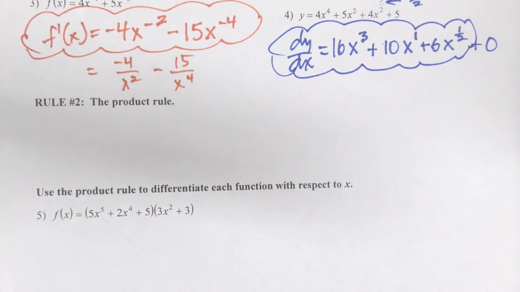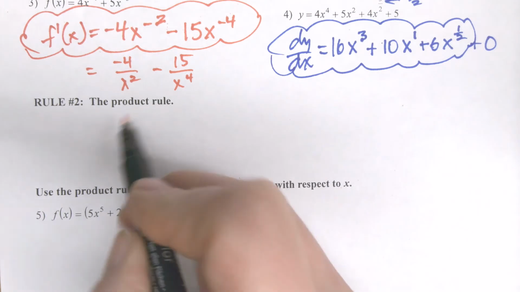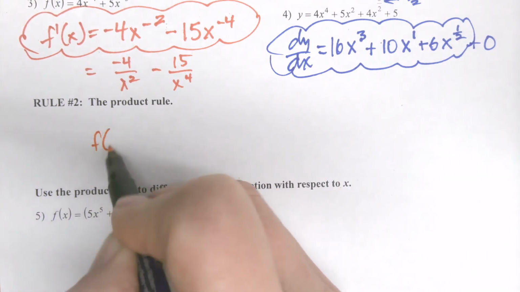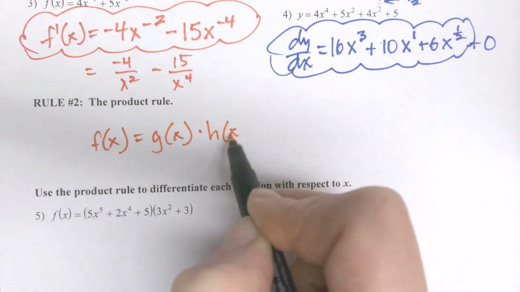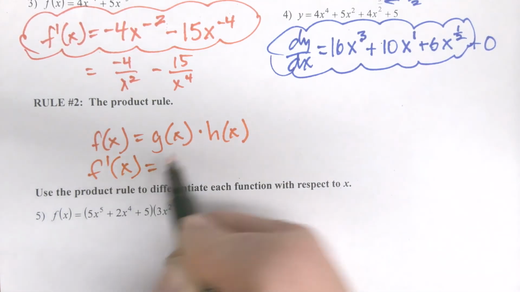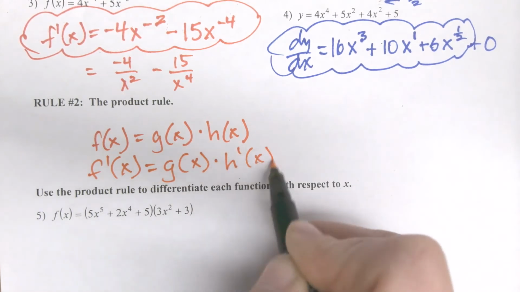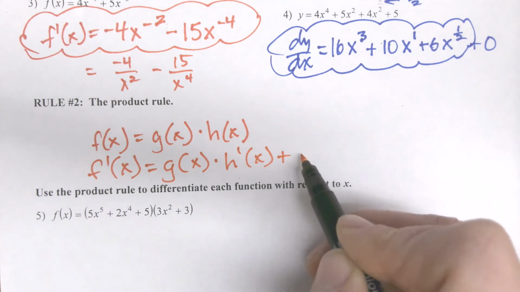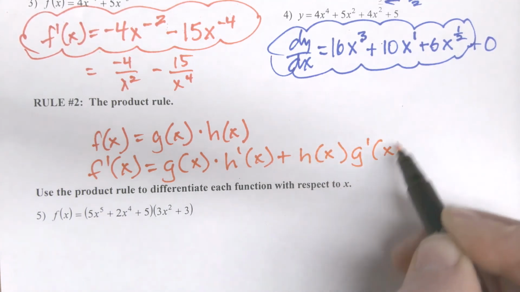Then we do the product rule. Product rule uses the power rule as it goes through it. So if my f of x is a product of two functions, then my derivative is first times the derivative of the second plus the second times the derivative of the first.